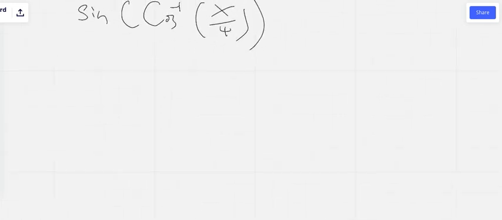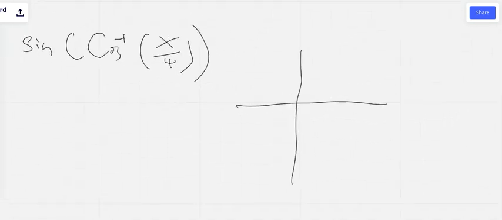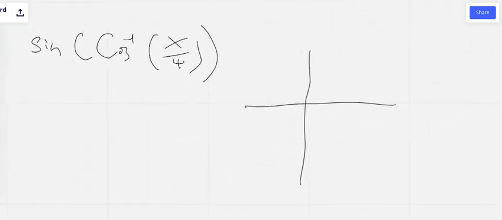You will first draw a graph table. Cosine theta, we all know SOHCAHTOA, CAH is adjacent over hypotenuse, so adjacent is x, hypotenuse is 4.